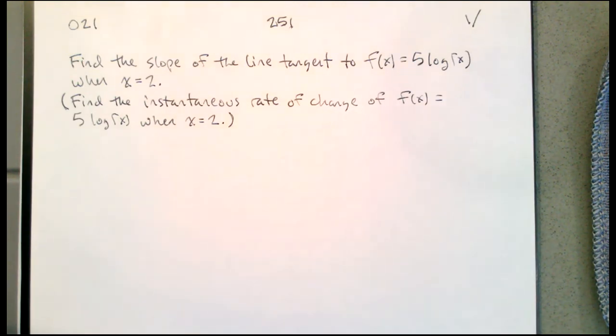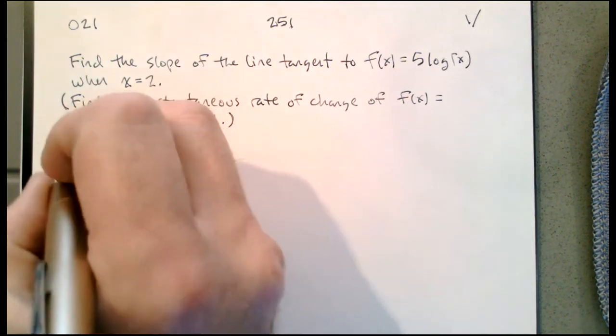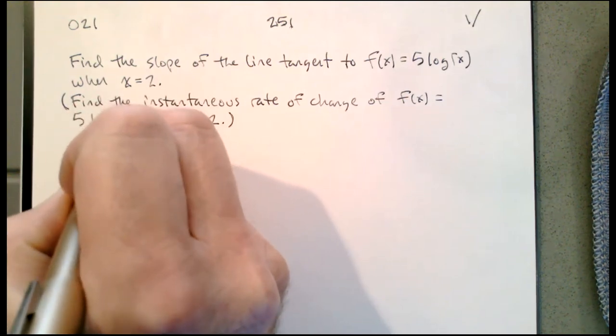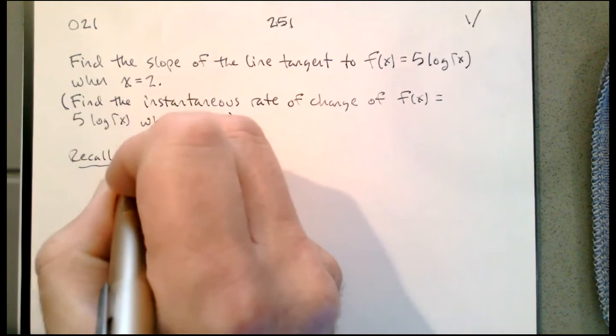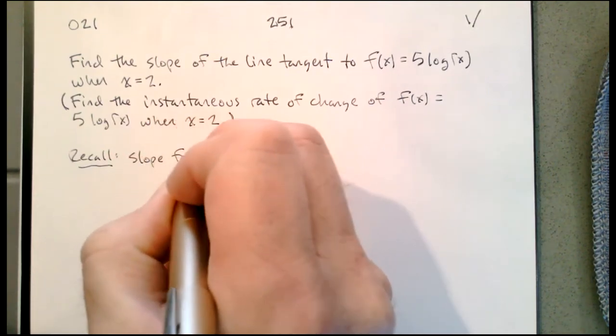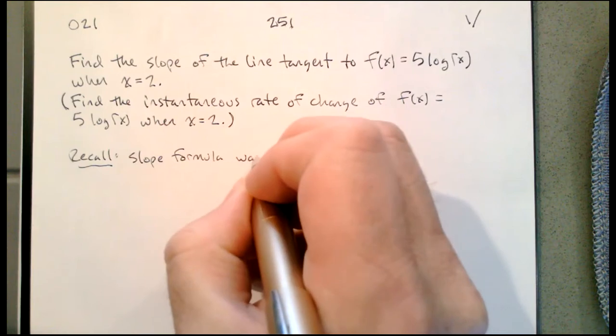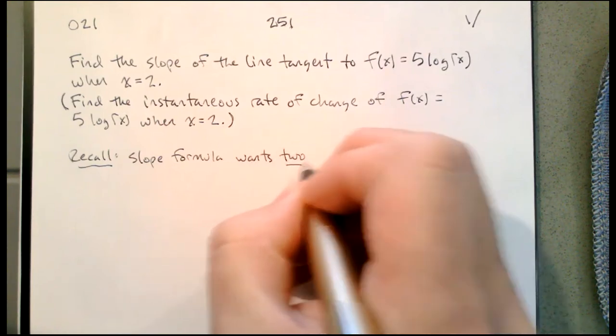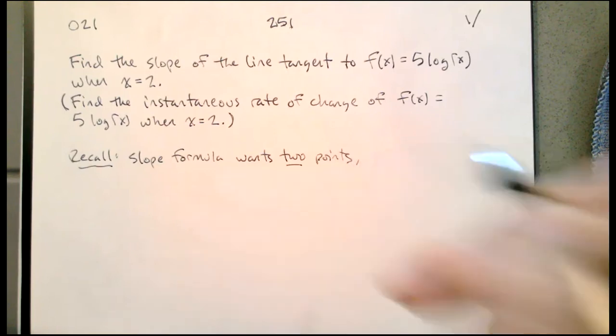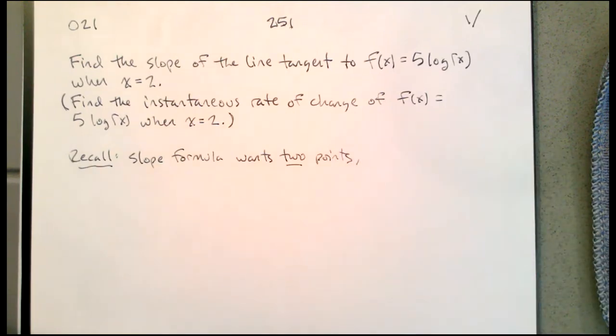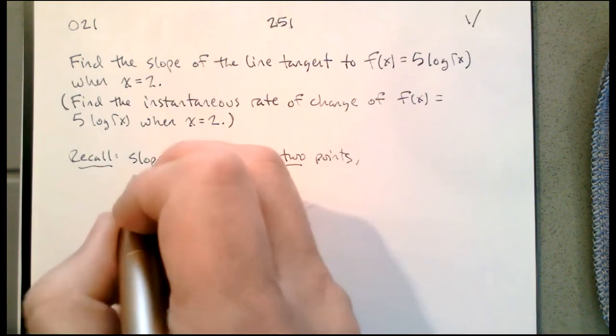Remember that the issue is that calculating the slope needs 2 points, but we only have 1 point because we want the slope of the tangent line. So let's recall what the issue was.